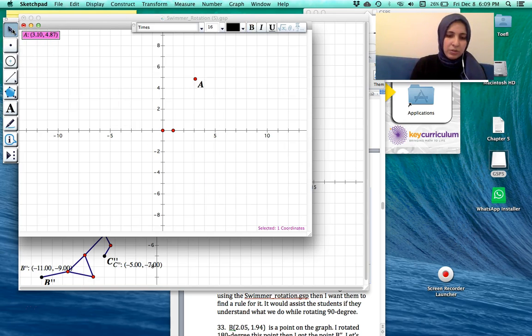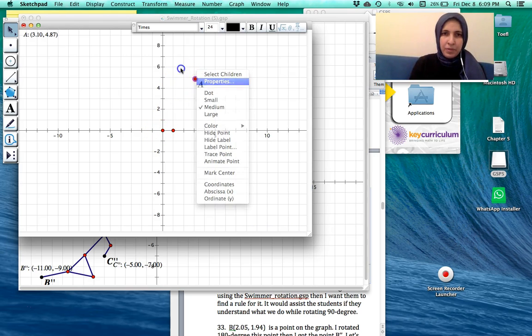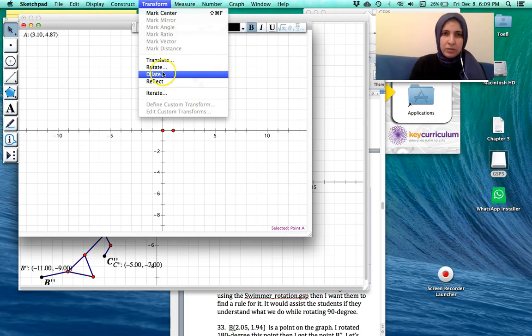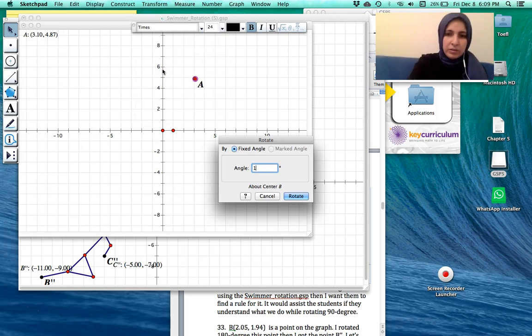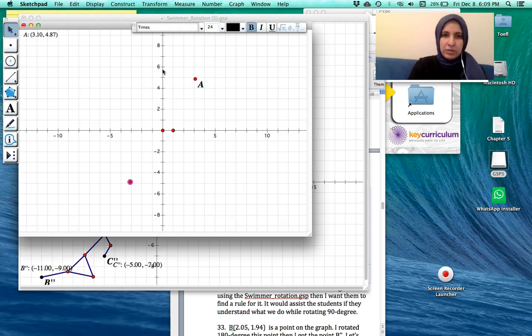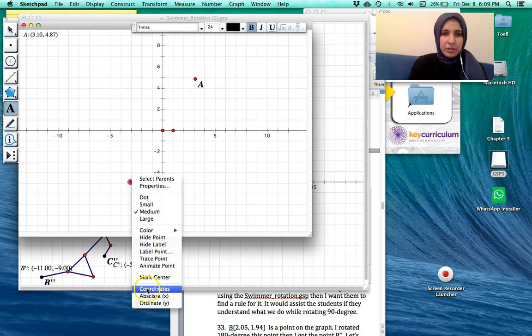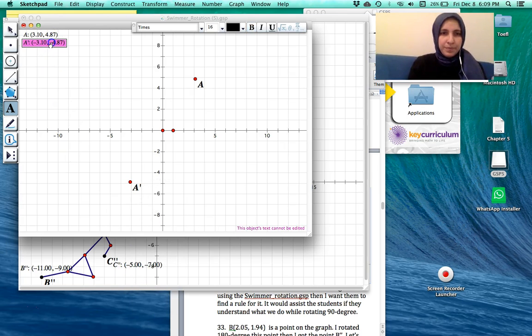I need the rotation of it as 180 degrees. Rotate 180 degrees. Yes, I got it. Another point as A', and let's find the coordinates of it.